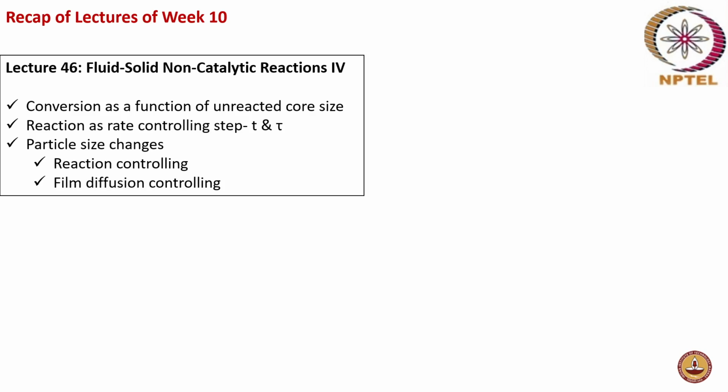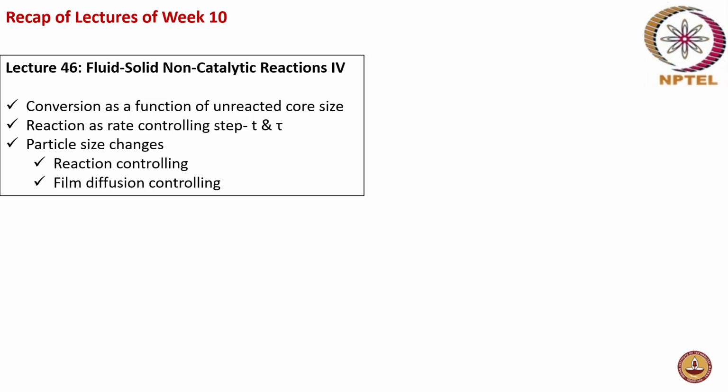Lecture 46 included conversion as a function of unreacted core size, plotting conversion as a function of unreacted core size for diffusion control for a shrinking core model. Then the expression for time, and for 100% conversion time when the reaction is rate controlling, again for a shrinking core model, were discussed.